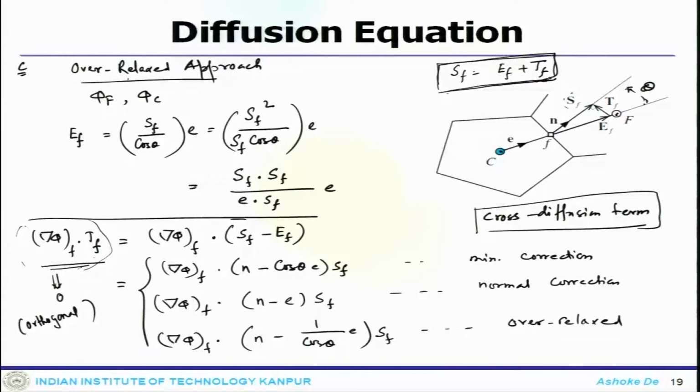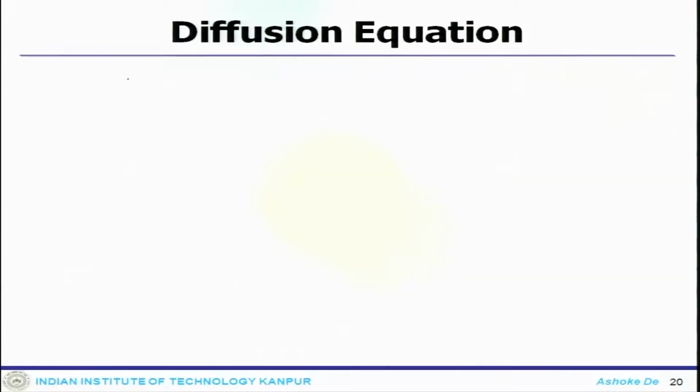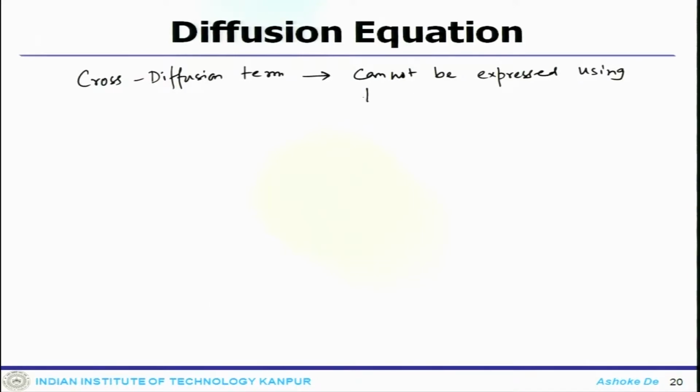If you look at it, this cross diffusion term cannot be expressed using the nodal values.